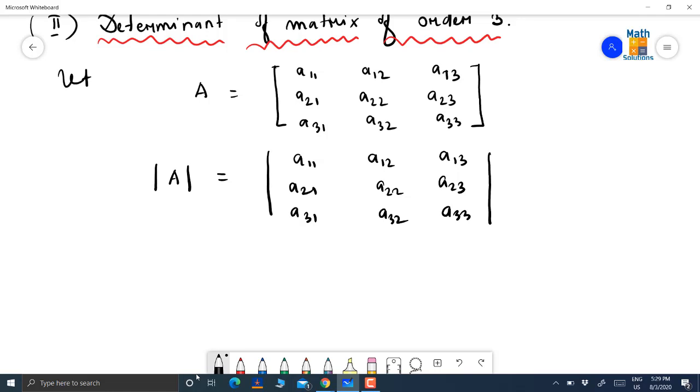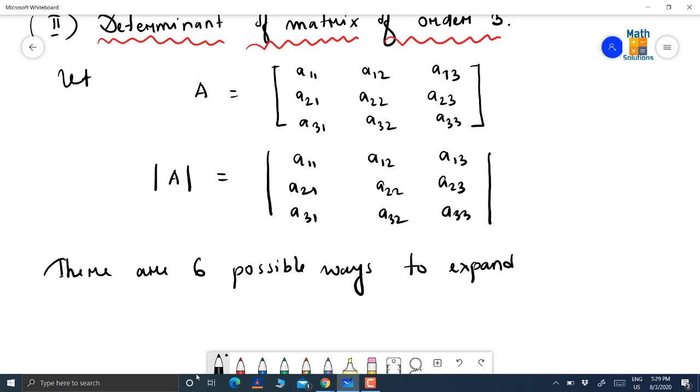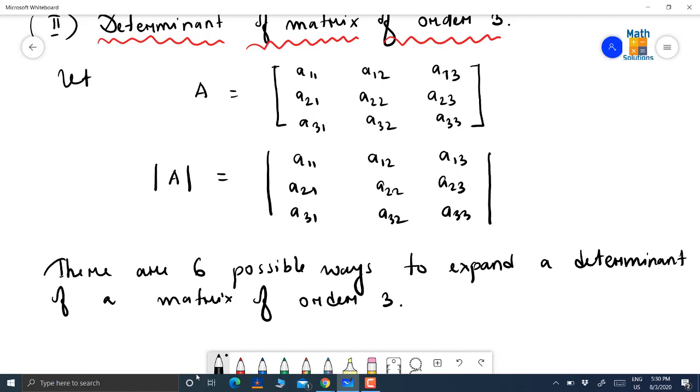So in this case, there are 6 possible ways to expand a determinant of a matrix of order 3.